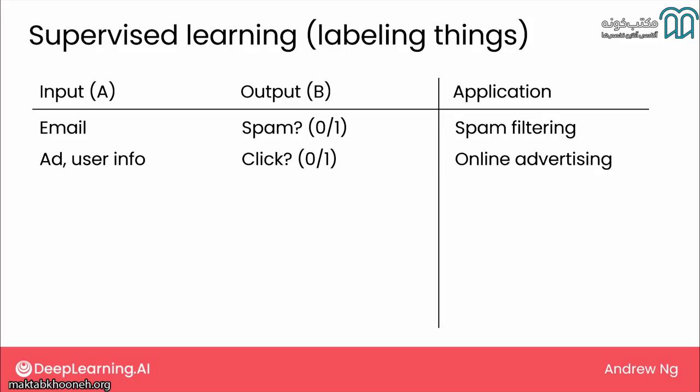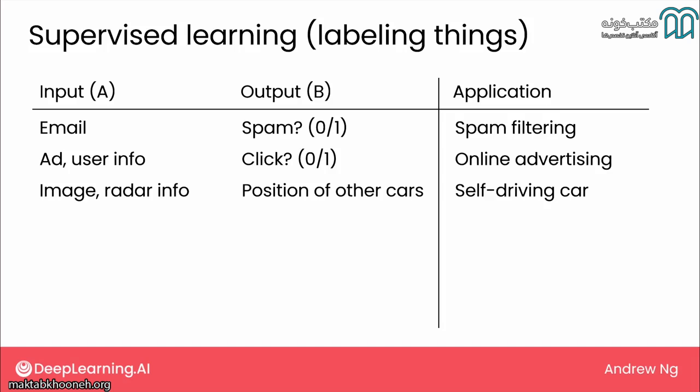And by showing slightly more relevant ads, this drives significant revenue for the online ad platforms. In self-driving cars and in driver assistance systems, supervised learning is used to take as input a picture of what's in front of your car and radar info and label that with the position of other cars. Give it a medical x-ray, it can try to label that with a medical diagnosis.